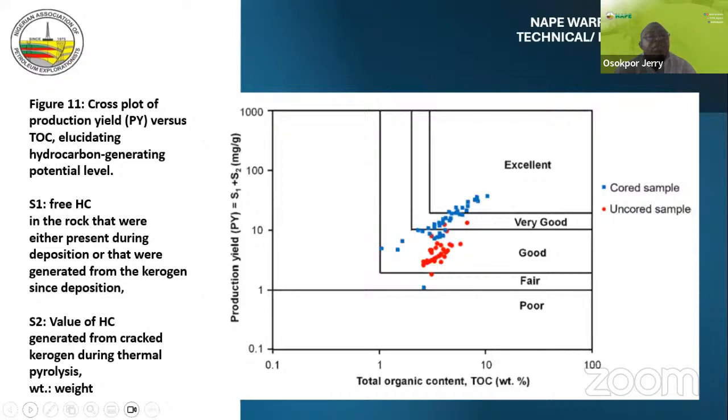Now, we have looked at this well very well based on the data sets that we have used to evaluate the stratigraphic abnormality. We have seen that the well had good hydrocarbon production potential. Now the question is, is it from the Akata formation or is it from the Agbada formation? What are we actually looking at?